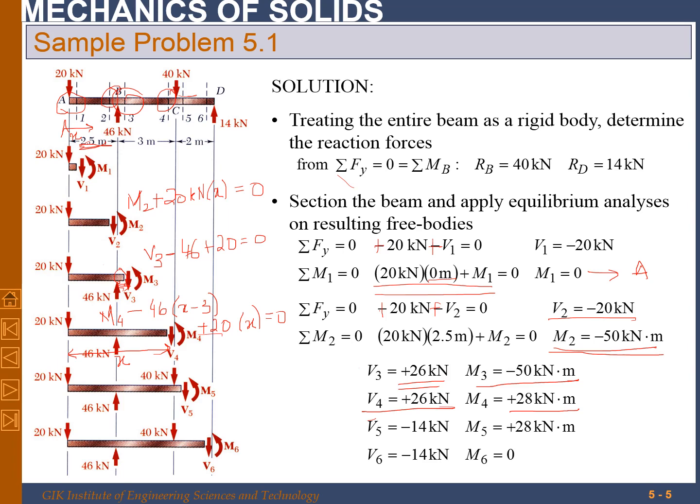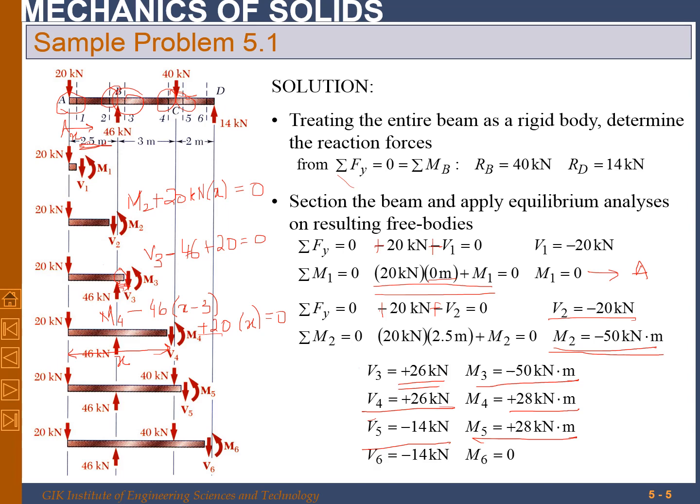And similarly you can write the expression for this by taking a section just after C, and write the expression for V, shear force, and this will be the bending moment. So just after C, the bending moment will again be 28 kilonewton meter. There's no change in shear force.